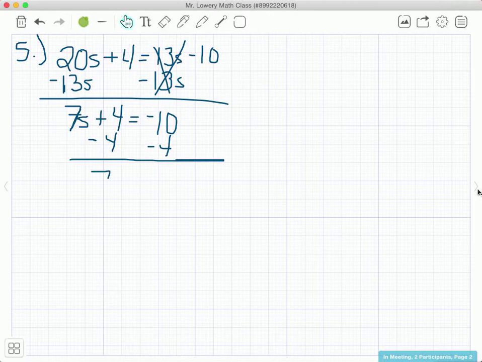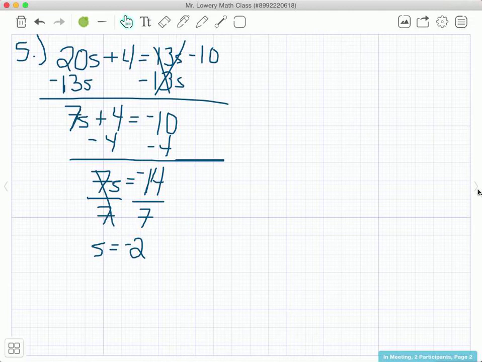And we're left with 7s equals negative 10 minus 4, which is negative 14. All right, and now we can divide both sides by 7. And s is equal to negative 14 divided by 7, negative 2. So those cancel out. All right, negative 2.